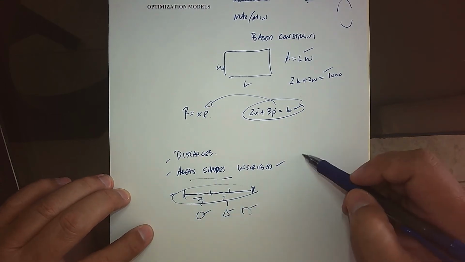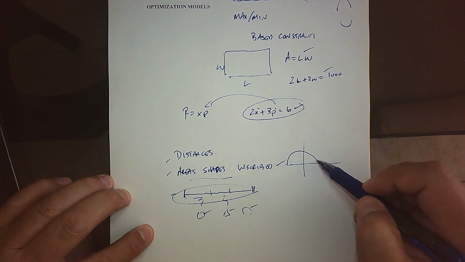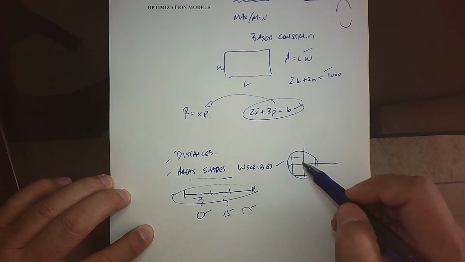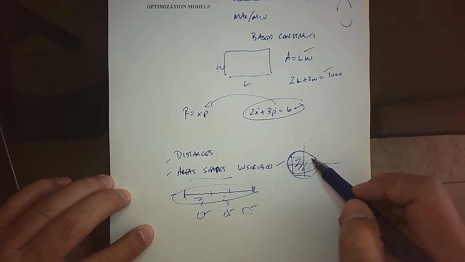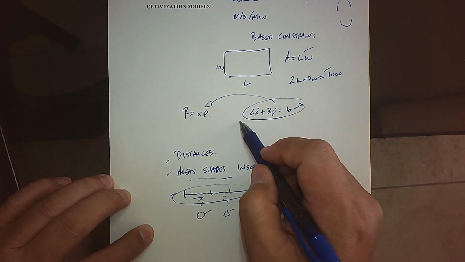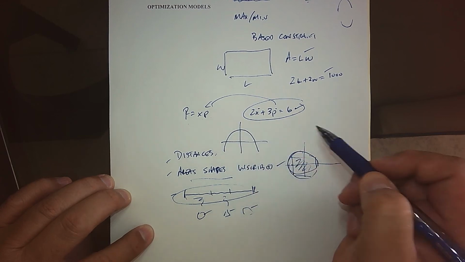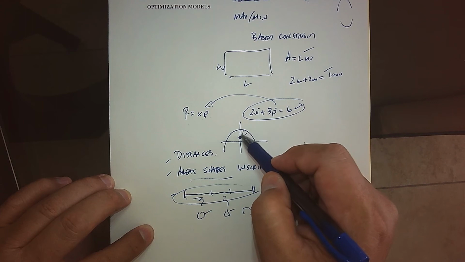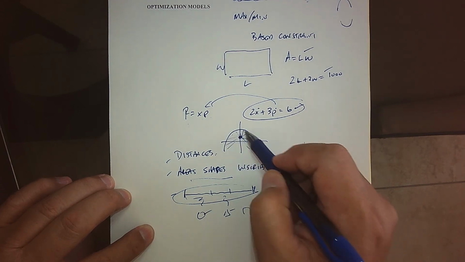For the area of a shape, perhaps we're talking about a circle, and in that circle I'm building a rectangle. So we're going to try to maximize that rectangular shape, but we're constrained to some sort of circle. And then distances, the way we're going to talk about distances is I've got some graph, let's say it's a nice parabola, and I've got a point, and we're going to try to minimize the distance between that point and any point along the edge.